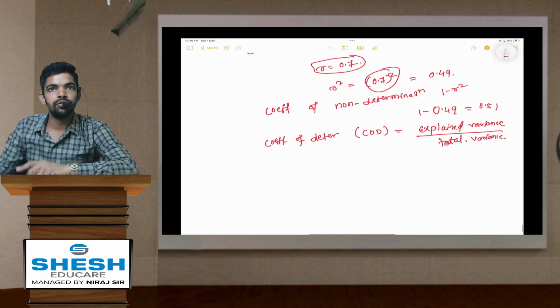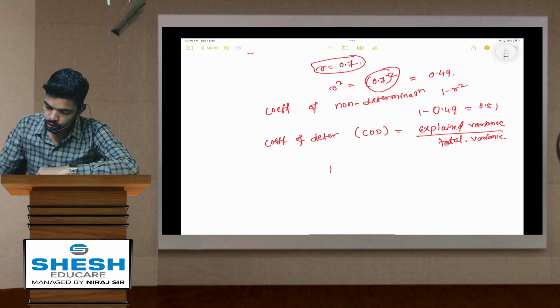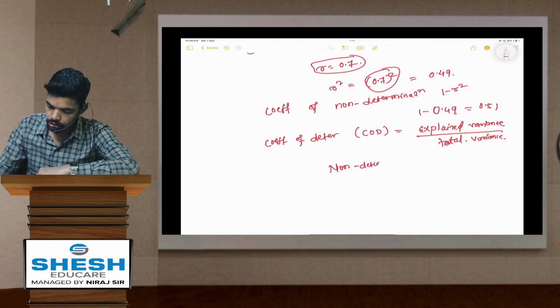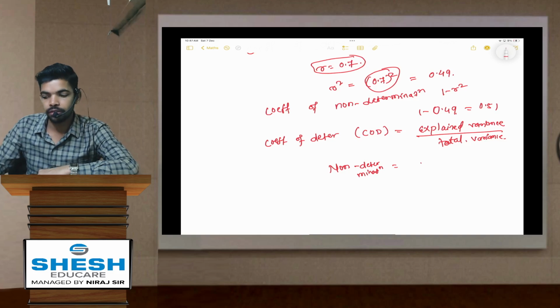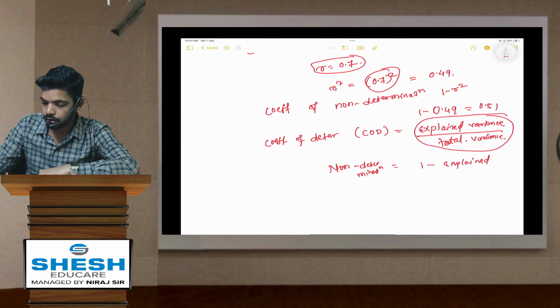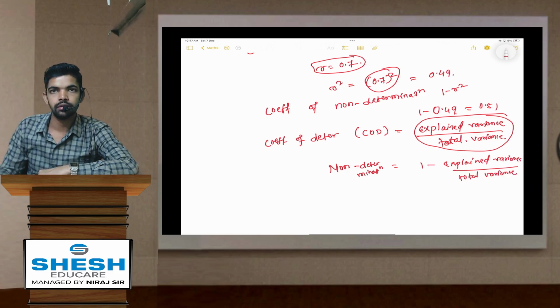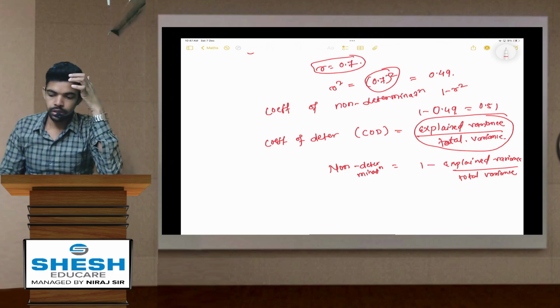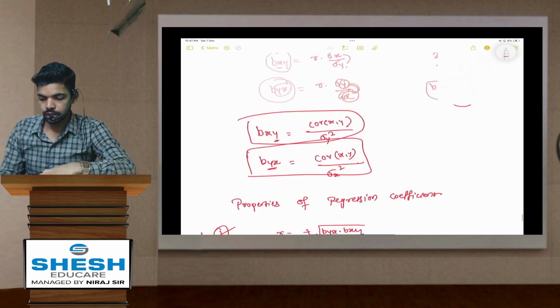This is the coefficient of determination. Or the coefficient of non-determination is given by 1 minus this, 1 minus explained variation, or you can write variance, upon total variance. Okay, so this was about correlation and regression.